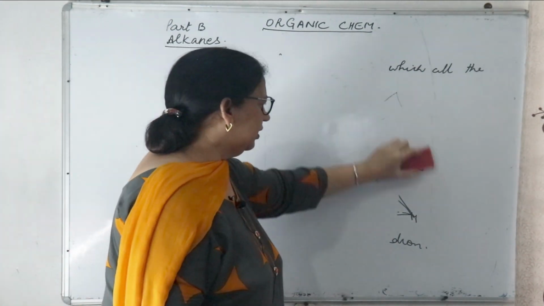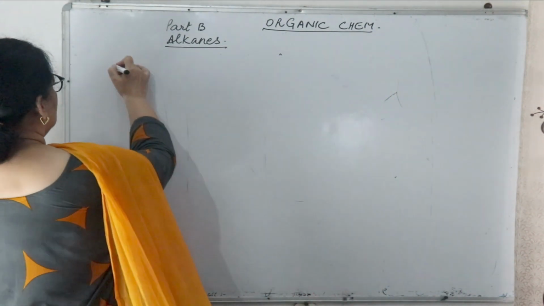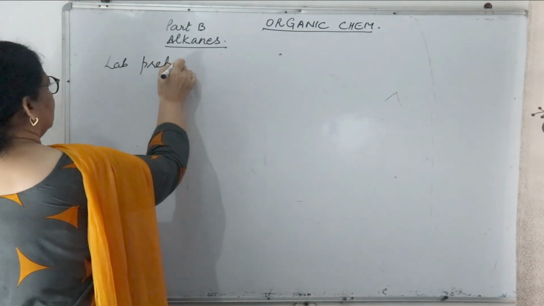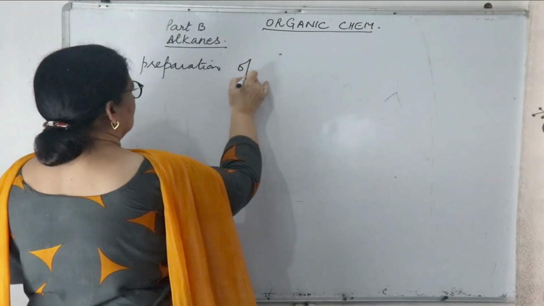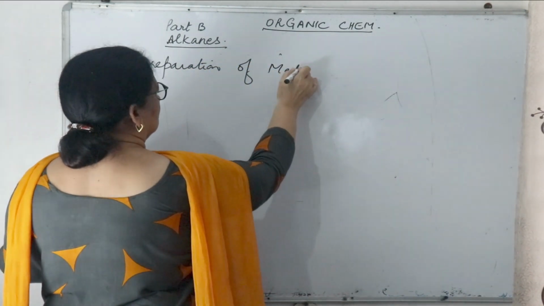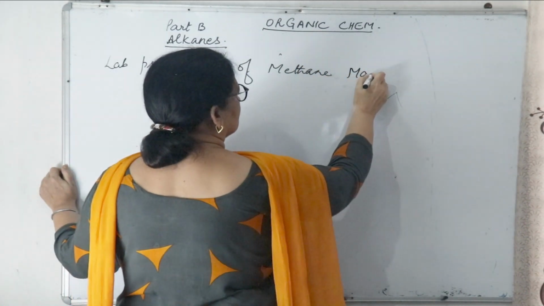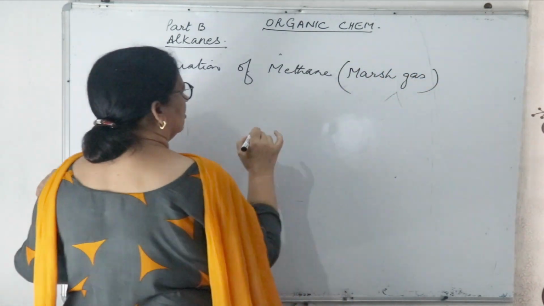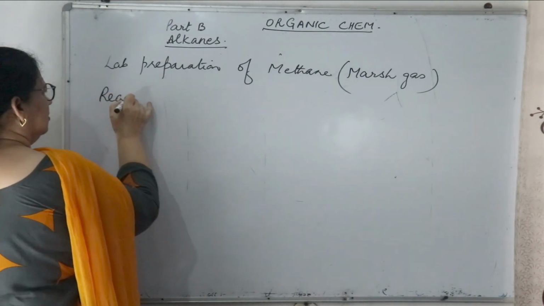Let us now do the lab preparation of methane. This is also called marsh gas. So what are the reactants required?